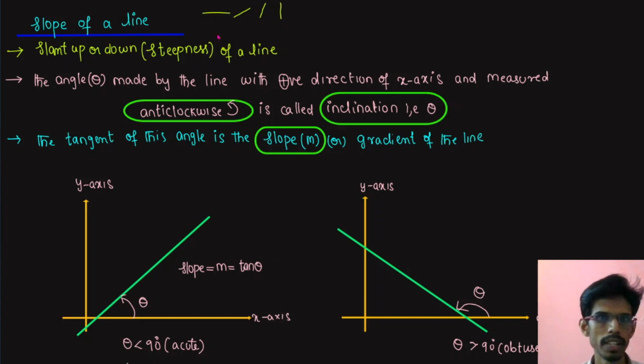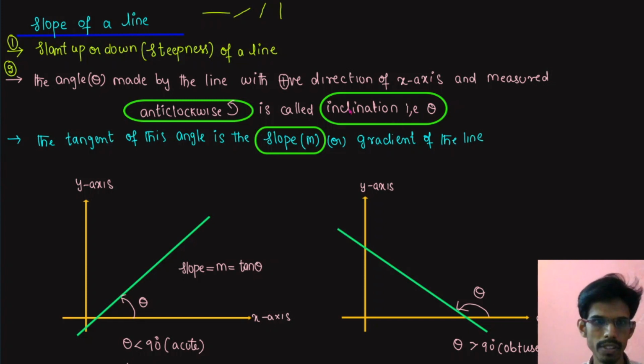So the first point is slant up or down, that is called steepness of a line, is the slope. Now the second point here we have is the angle made by the line with the positive direction of x-axis and measured anti-clockwise, that is opposite to clockwise, is called inclination, that is theta.